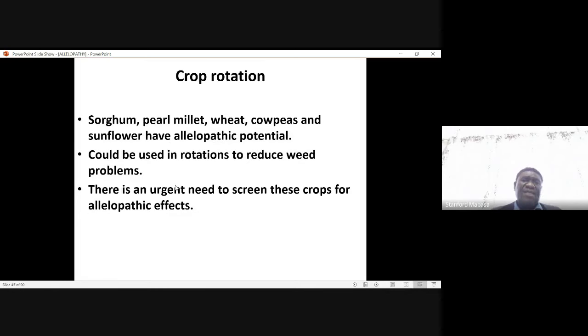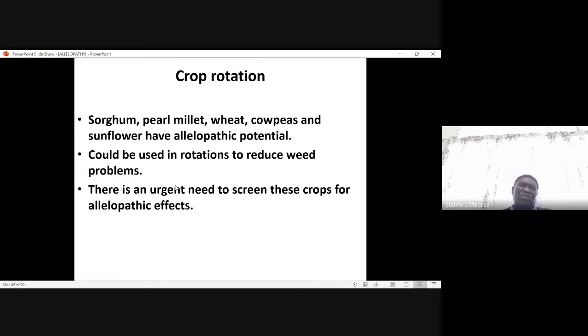So let us look at how we can deploy allelopathy in crop rotation. First, we need to identify crops which can potentially produce these allelochemicals. We've got sorghum, pearl millet, wheat, cowpea, and sunflower as potential crops. So we could grow them, and we should expect a reduction in weed problems.